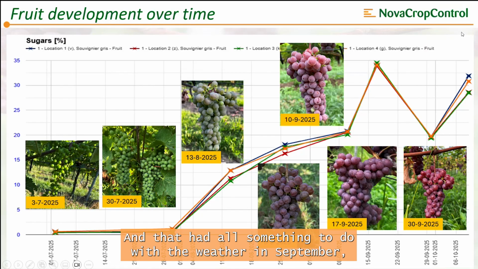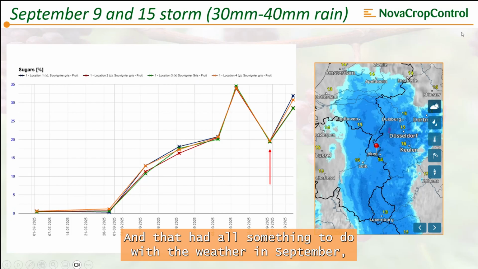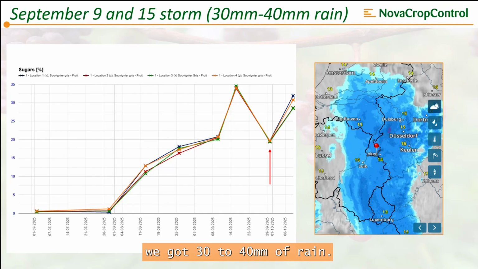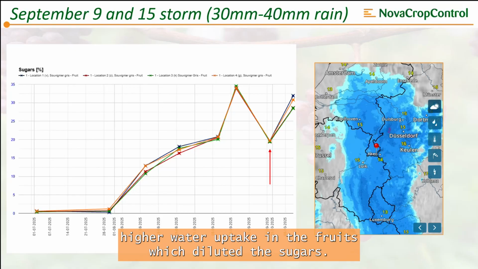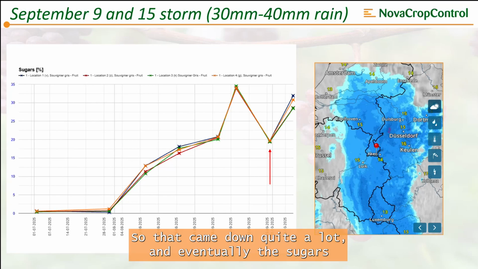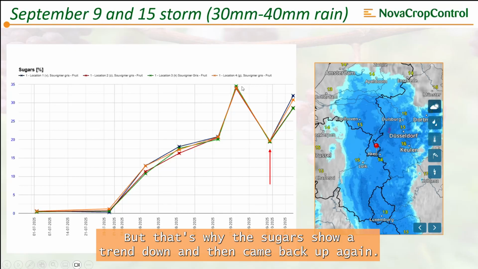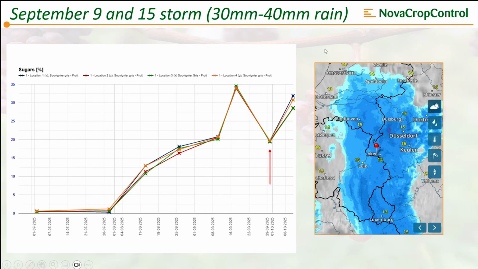That had all something to do with the weather in September, because on the 9th and 15th of September we got 30 to 40 millimeters of rain, and that led to lower sugar, or basically higher water uptake in the fruits, which diluted the sugars, so they came down quite a lot, and eventually sugars started to move up again. That's why the sugars show a trend down and back up again.